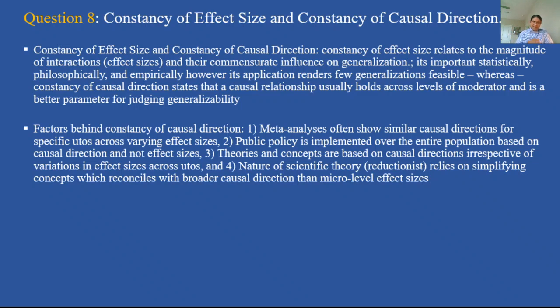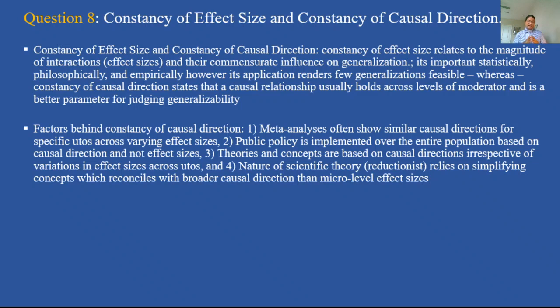Second, in the real world, in the world of public policy, there is no luxury of constancy of effect sizes. Policies are usually implemented for the entire population based on the constancy of causal direction.